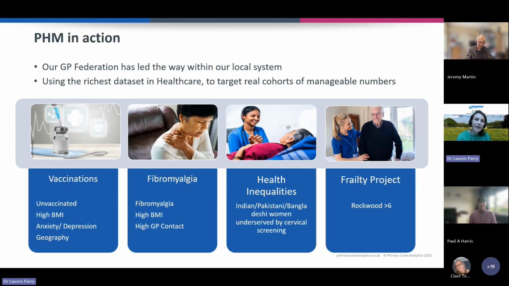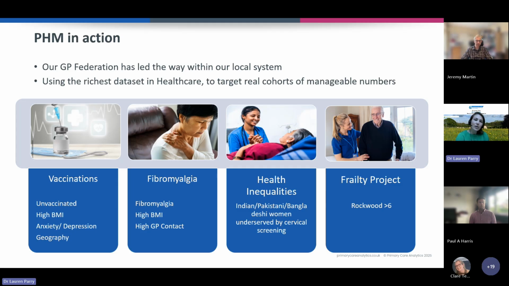Then we've used our population health data to really understand health inequalities. So in Herefordshire, we are really good at cervical screening rates. But when we looked across the whole population, we identified that actually we were not reaching our Indian, Pakistani, and Bangladeshi women. And because the numbers in each practice were quite low, you couldn't identify them easily within a practice.